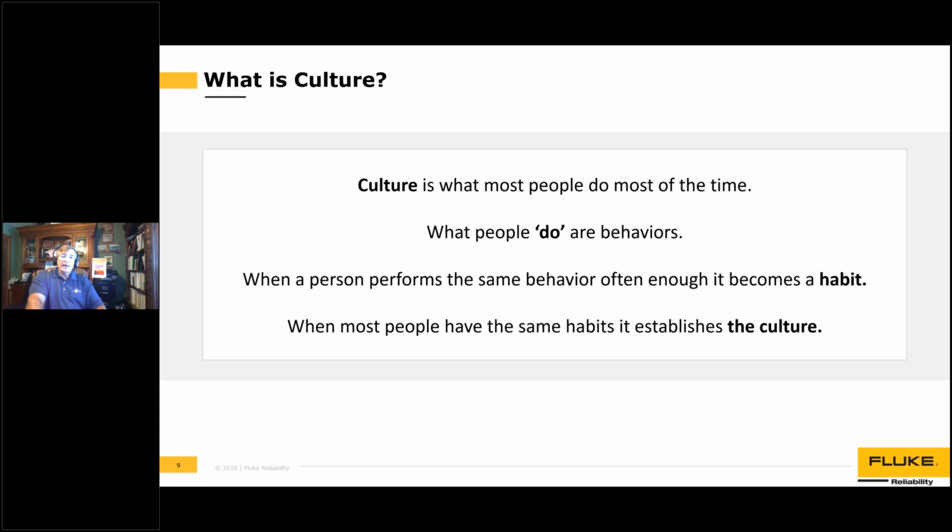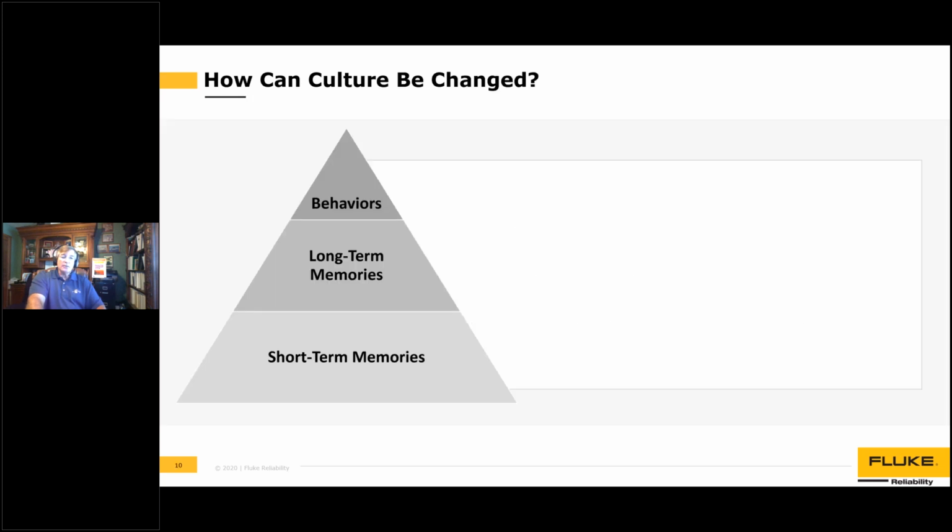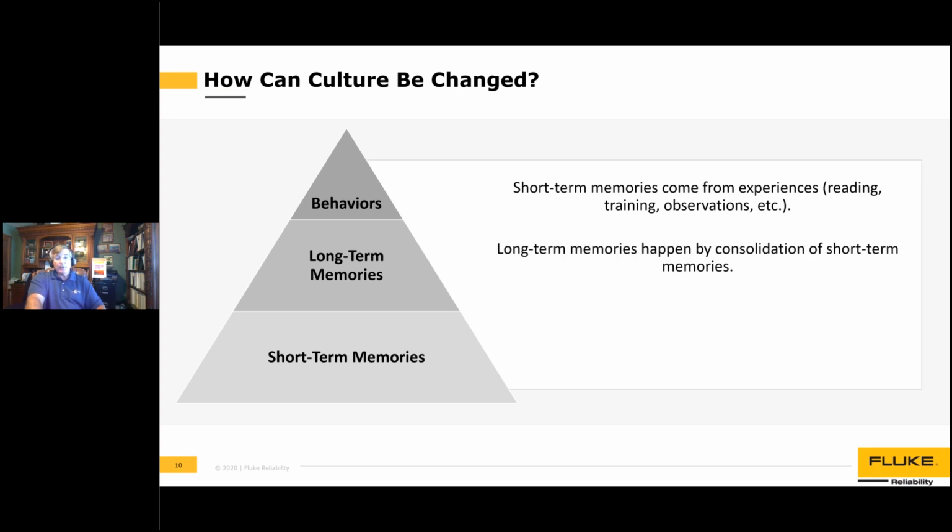So when we think about how we can change the culture, the first thing is we have to understand the relationship between short-term memories, long-term memories, and behaviors. Short-term memories come from experiences. So reading a book, getting training, making observations, all those things load information into your short-term memory. Long-term memories happen when there's a thing called consolidation of short-term memories.